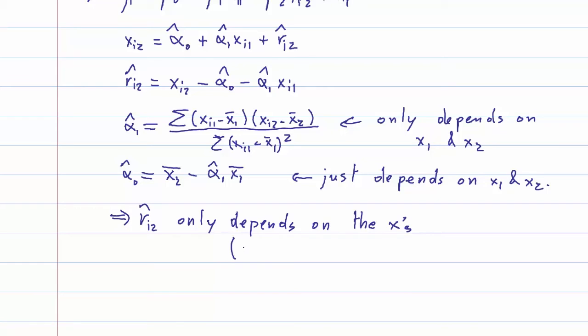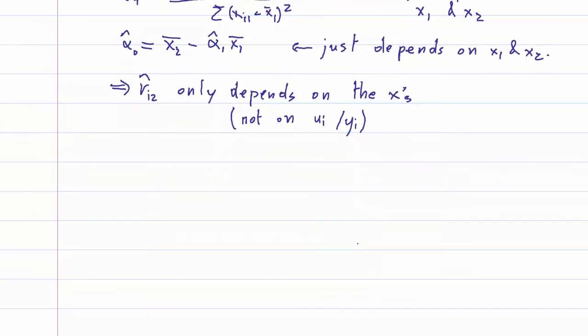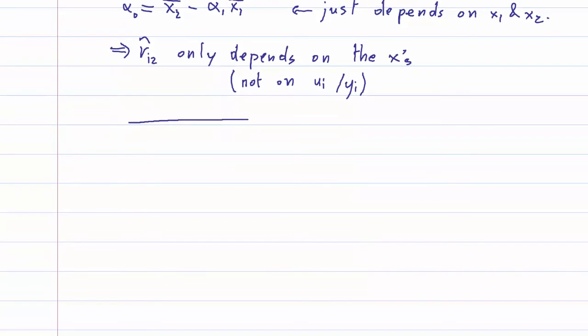What I mean by that is that it doesn't depend on the residual ui or on yi, the dependent variable. So now we can go over the second part and use that to derive the variance of the OLS estimator.